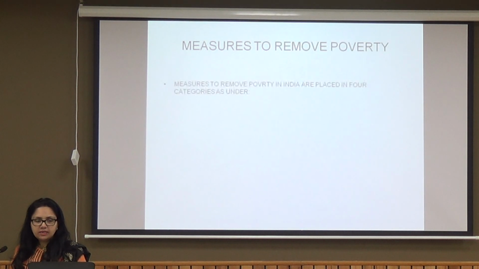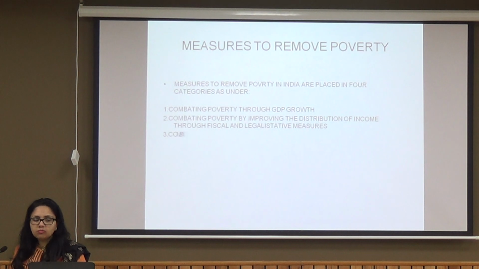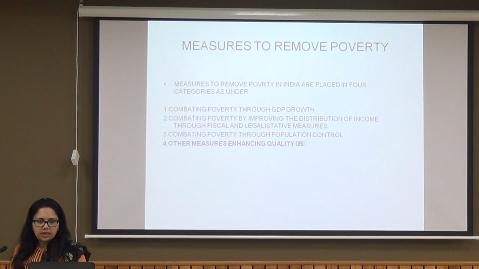Now we'll see what are the various measures that can be adopted to remove poverty. In India, they are placed in four categories. Number 1, combating poverty through GDP growth.